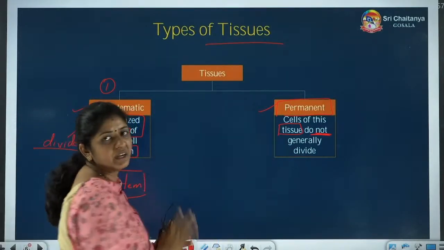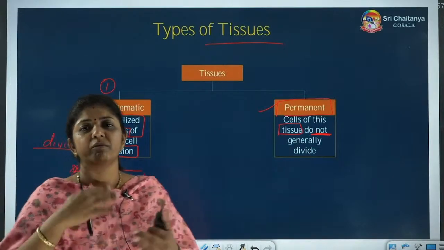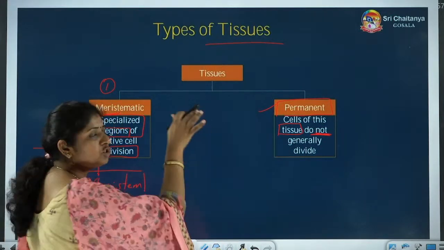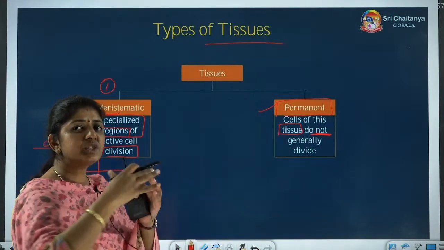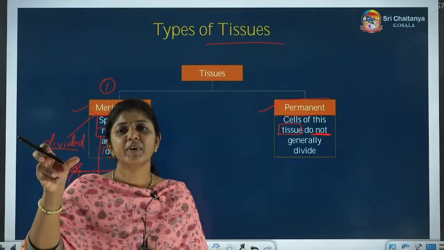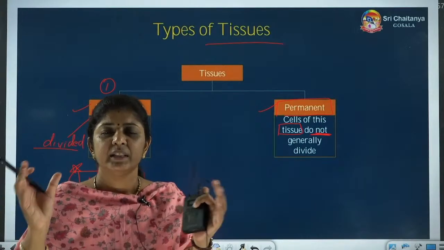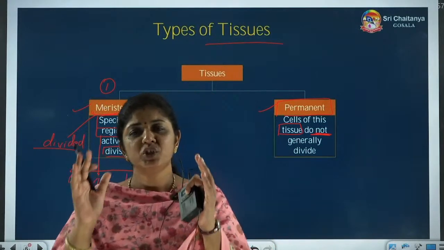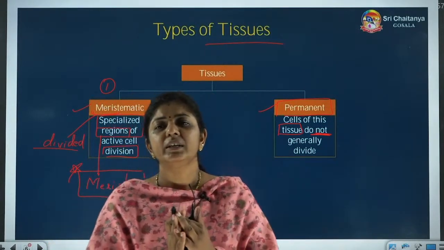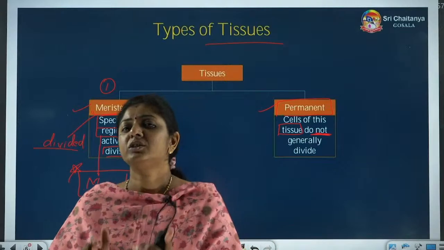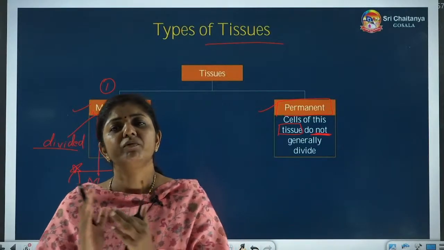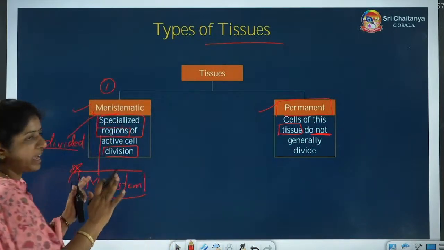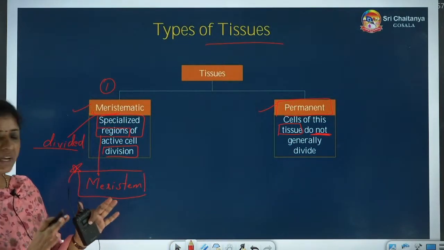Second is permanent tissue, which stops dividing and specializes to perform some specific function, like leaves. They stop dividing at a certain age, make some shape and structure, and then perform the function of photosynthesis. Is that clear? So these are the two types of tissues we have just discussed.